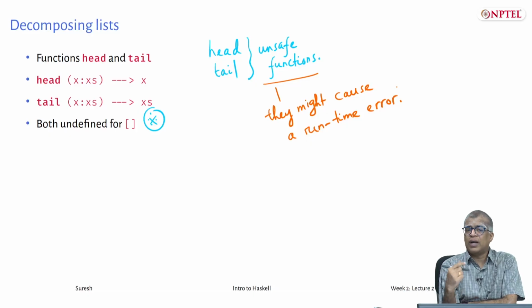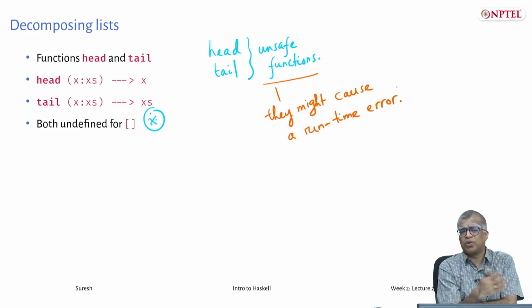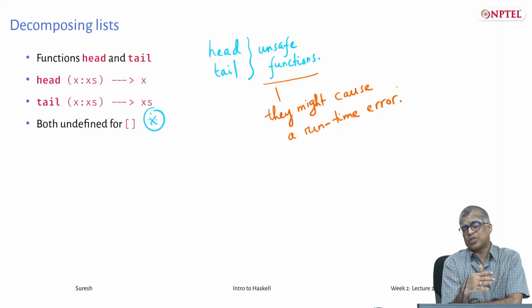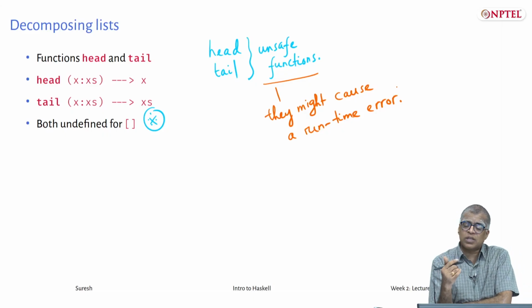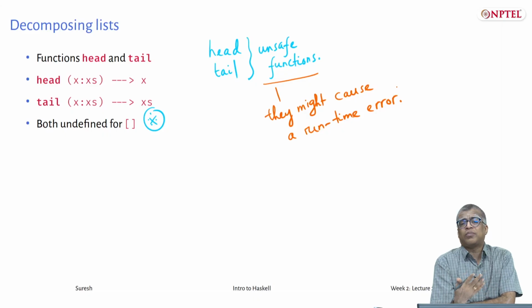Compile time errors are good because when you try to load a file with various programs into GHCI, if it complains, you have to go back and fix the errors, and you can recompile till it does not complain anymore. But runtime errors are bad because there is no complaint from the compiler.